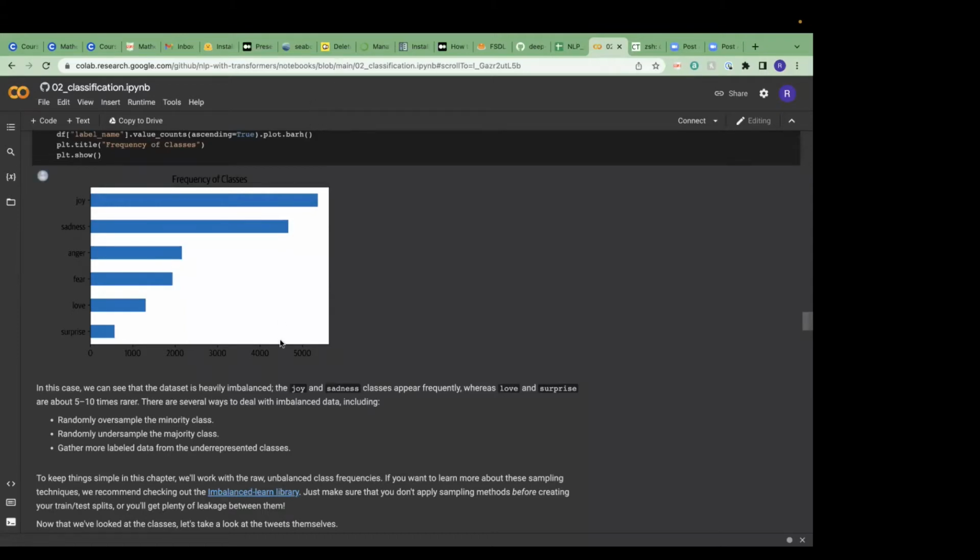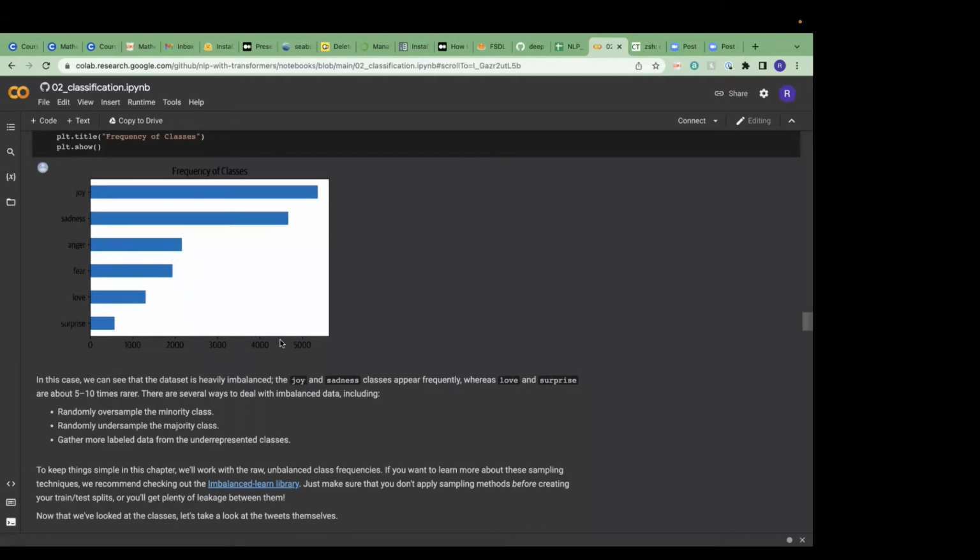The other way of handling imbalanced data sets is just gathering more labeled data from the underrepresented class. This one is not easy. Labeled data is in a lot of cases hard to come by, and gathering more is time consuming.